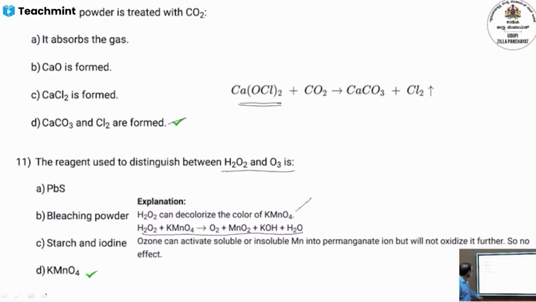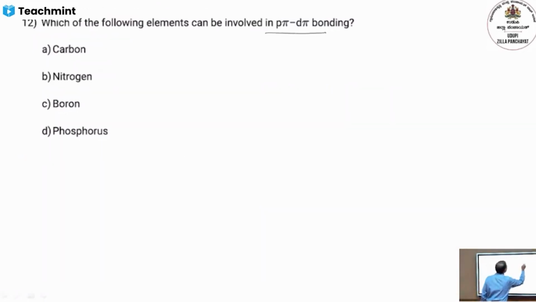And the next one is, which of the following elements can be involved in p pi d pi bonding? Here, by looking into this p pi d pi, you don't have to worry much. If you look at the options, it's very easy to get the answer from this. Carbon, nitrogen, boron, phosphorus. Carbon, 14th group member, comes in the second period. Nitrogen, 15th group member, comes in the second period. Boron, 13th group, whereas phosphorus, nitrogen family, is in the third period.